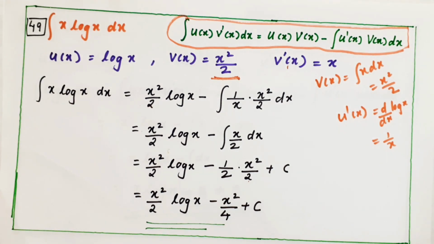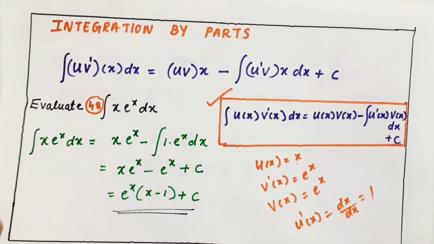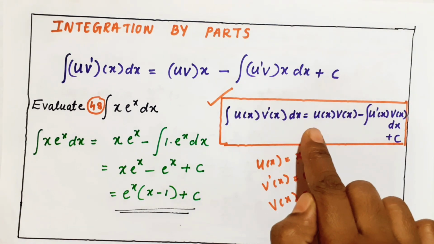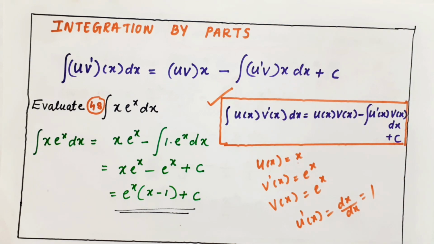So here you see how we do this type of question. If you need to do this type of question, you need an idea about the formula: integral of u of x v dash x dx is equal to u of x v of x minus integral of u dash x v of x dx plus c. So I showed you how we do it.